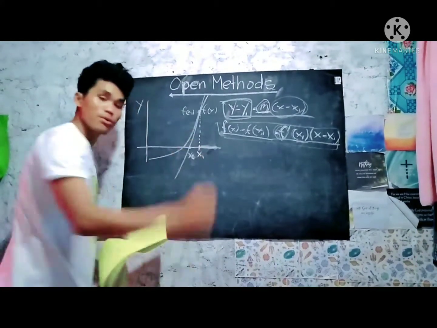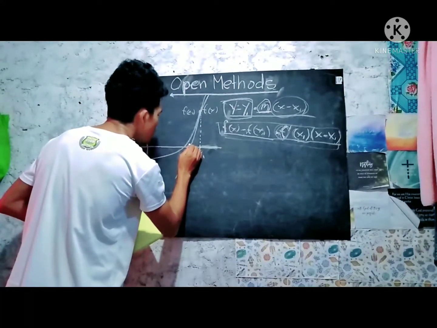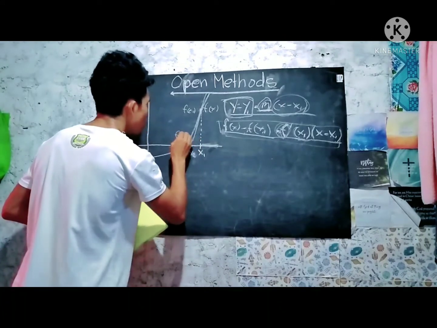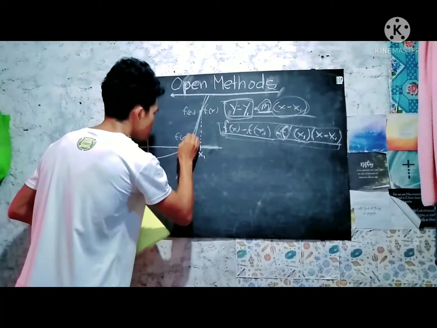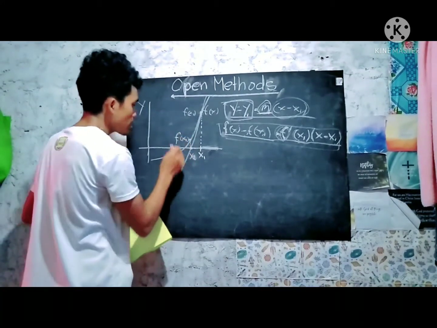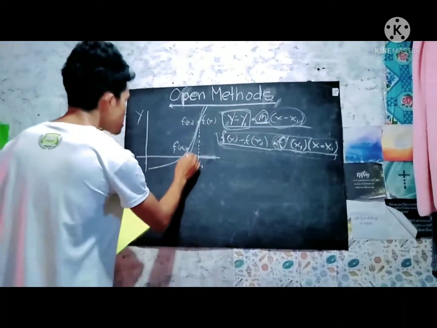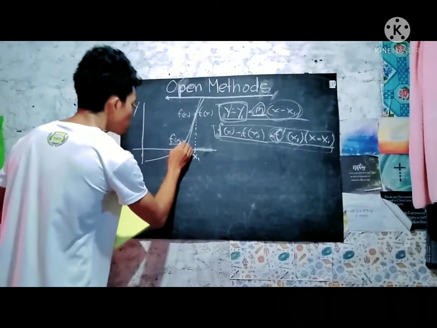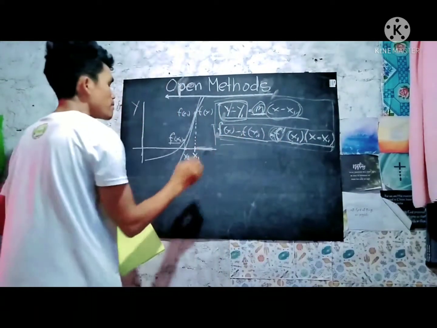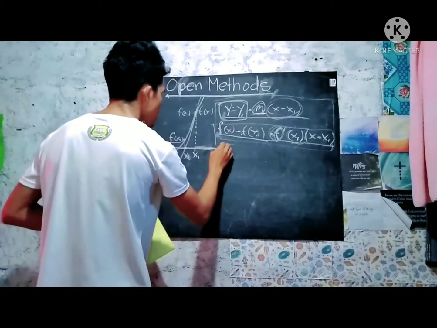Okay, at that x2, we make our line or graph up here, and this one over here is our f of x2. To find this f of x2, we still have an equation like this, because as long as the point is plotted here on our x-axis, it is the same.